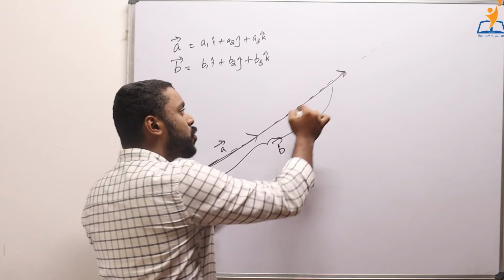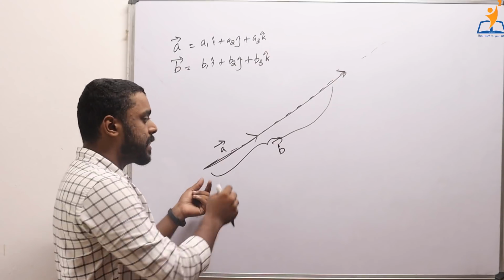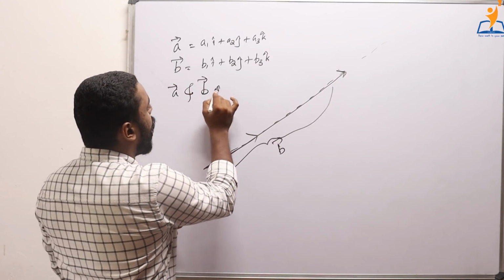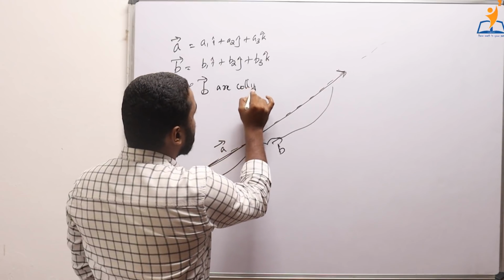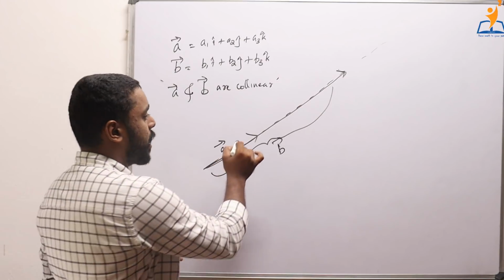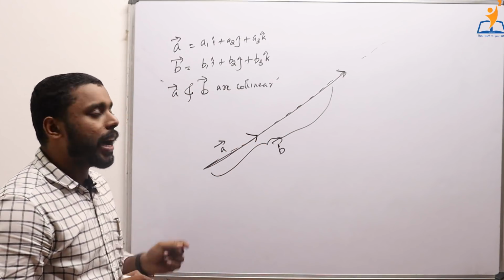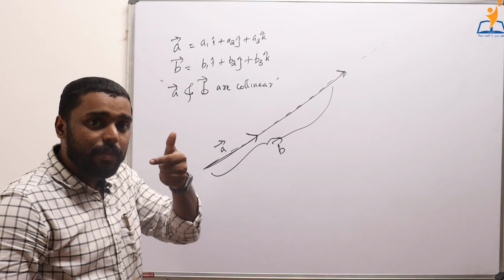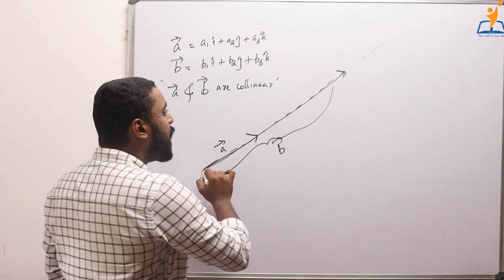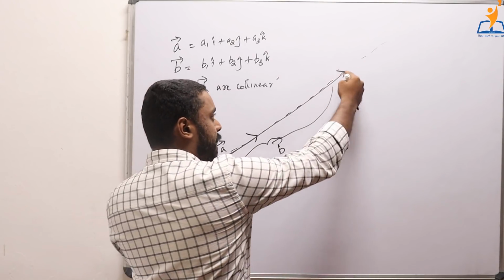And b is also a vector in the same line as that of a, which means that vector a and vector b are collinear, right? Now observe that, suppose there exists a lambda such that lambda into a is equal to b, where b is the entire vector.